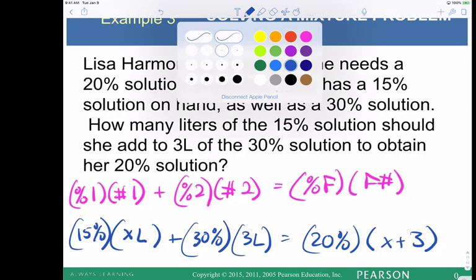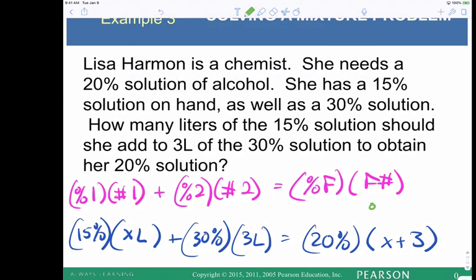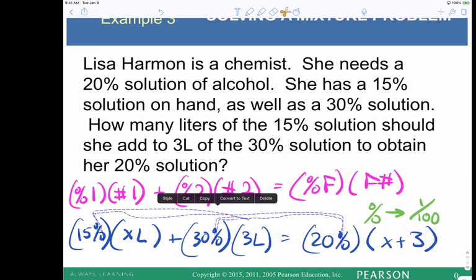The percent symbol, you can look at it as per 100. So all those percent symbols, like this one, this one, and this one. We're going to make that green.